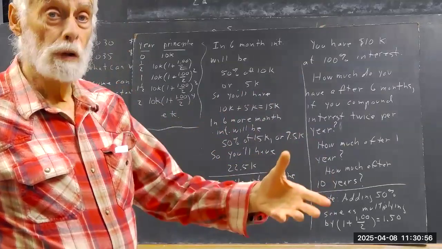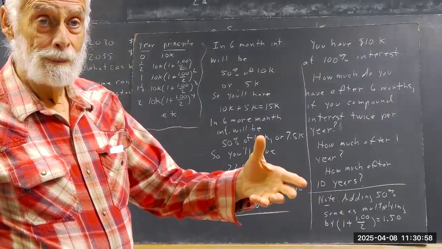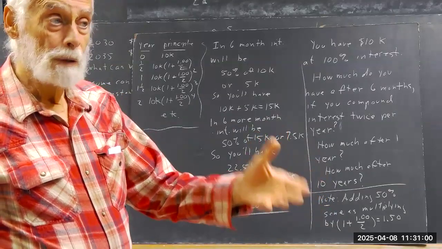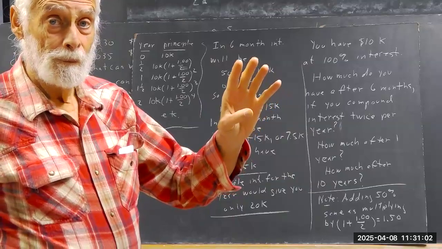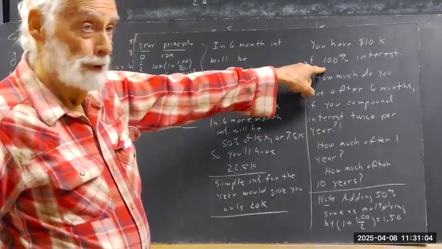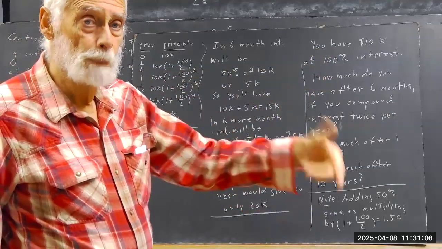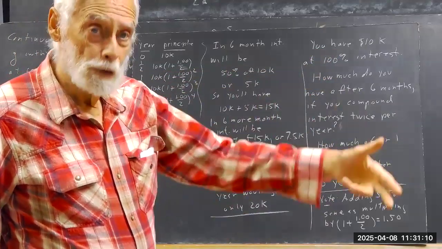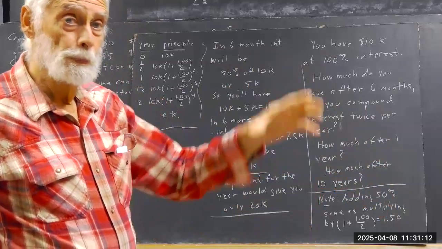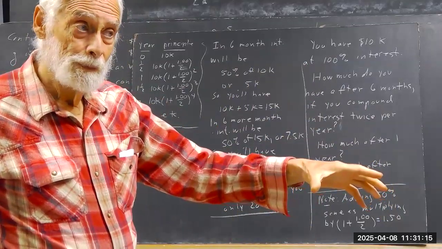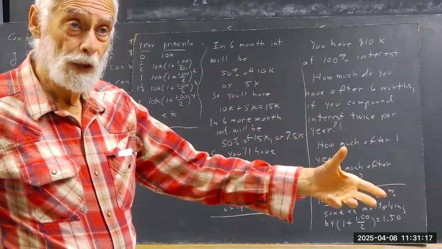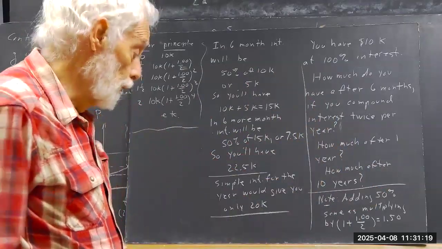If I'm compounding quarterly, what would I get? What does quarterly mean? It means 4 times a year. I get 1/4 of that 100%, 25% after 3 months. Another 25% on that principal after another 3 months. Another 25% on that after another 3 months, and so forth.